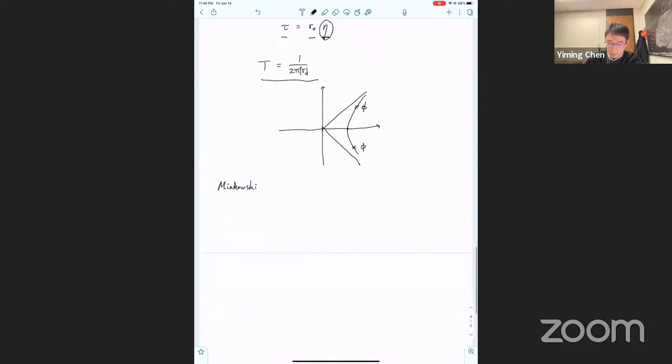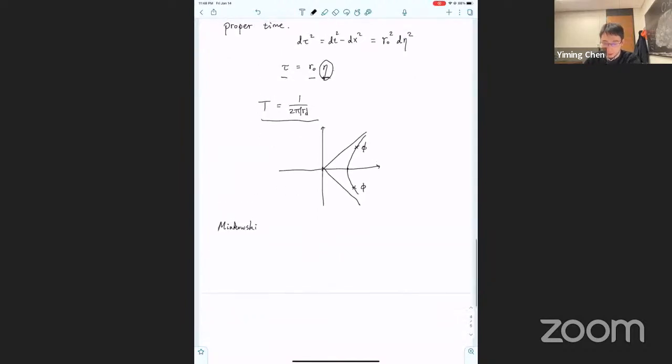So let me backtrack a little bit. What I actually just did is that I argued that a constant accelerating observer lives on this line that is at fixed R0, and it travels along the Killing vector that is the generator of the eta translation. So eta runs from minus infinity to infinity.